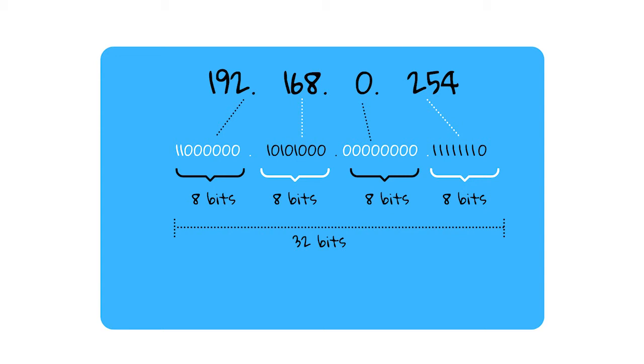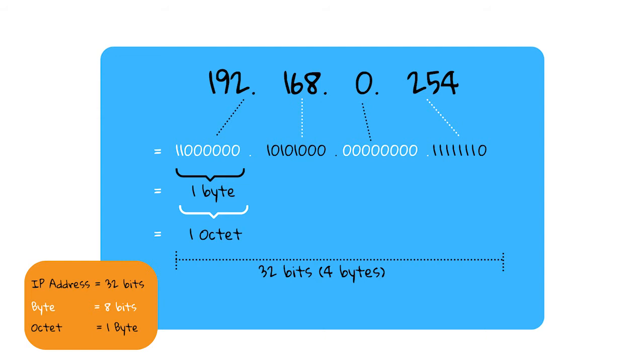The address is split into 4 segments, each separated by a dot. Each segment is 8 bits in length, and 8 multiplied by 4 gives us a total of 32 bits. Each segment is known as an octet or 1 byte. These terms can be interchanged when defining an IP address, so be sure that you're comfortable with the different terminology. The value of each octet ranges from 0 to 255.